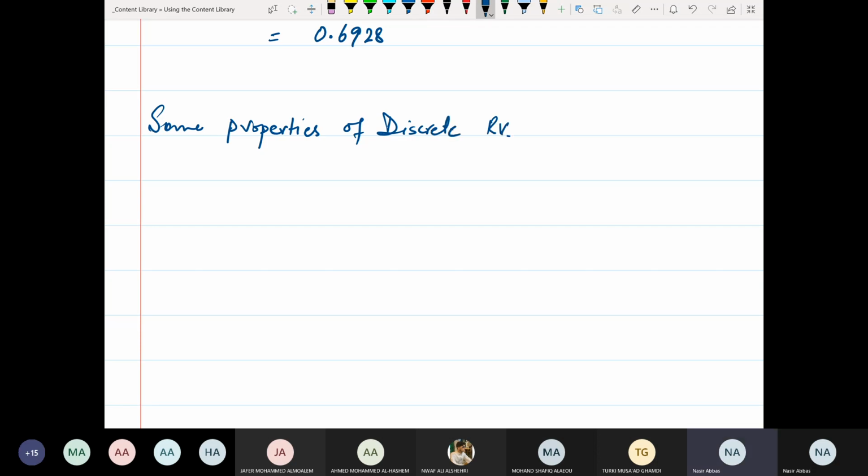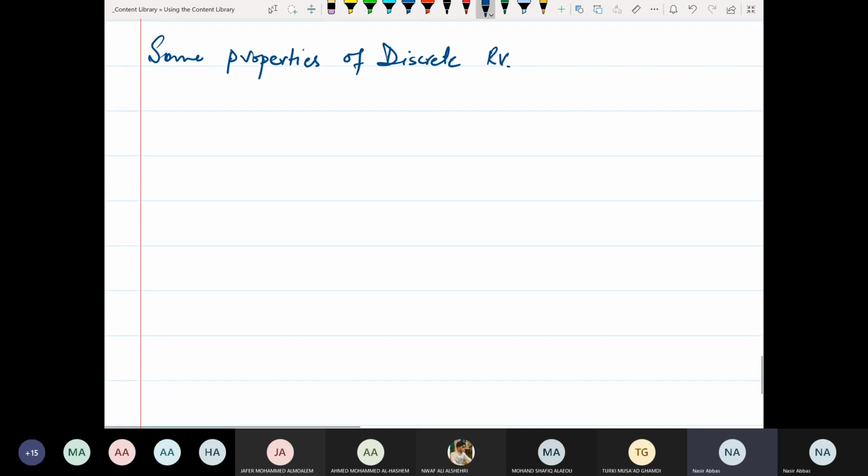And we said those useful properties of discrete random variable are, number one, the probability distribution or the probability mass function, which is basically two columns.